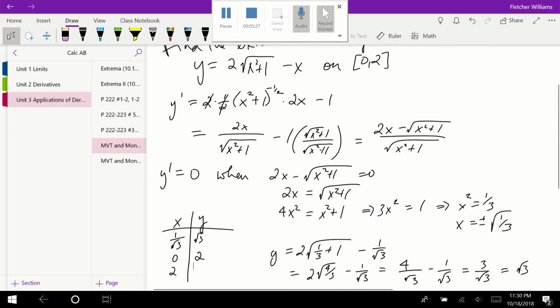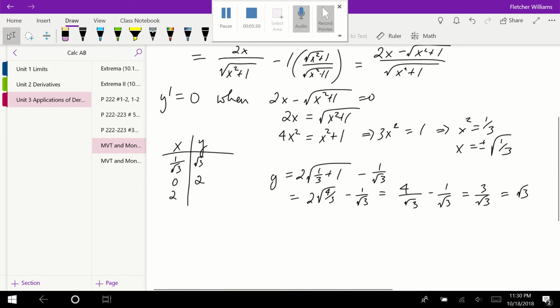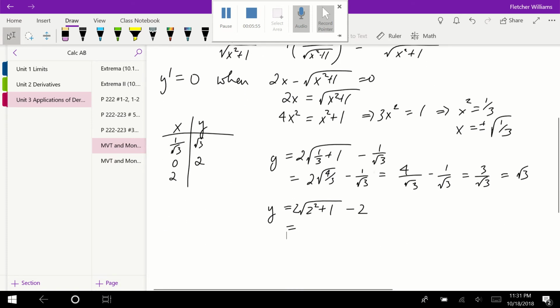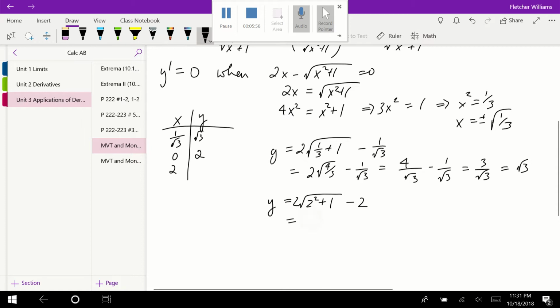And then if you plug in 2, 2 root x squared plus 1 minus x. That's 2 root 5 minus 2. 2 times root 5 minus 1.